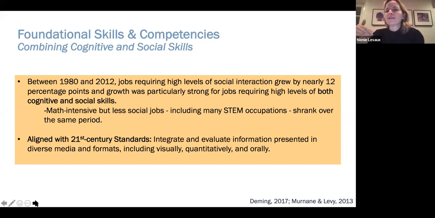Many, for example, in the STEM domain, that today, of course, have also been changed rapidly and demand often a social element, a degree of social interaction, right? And drawing and pulling on both cognitive and social skills at once.